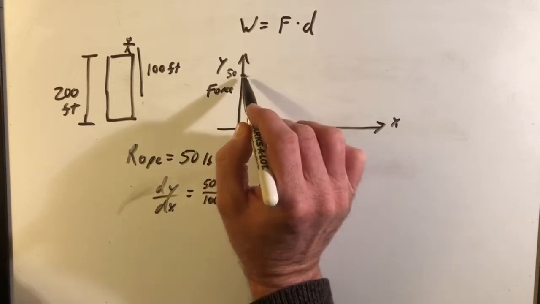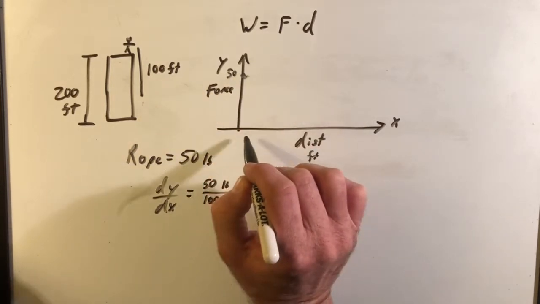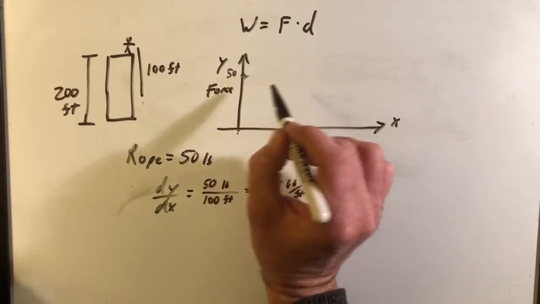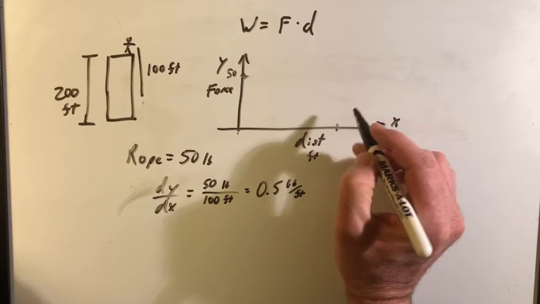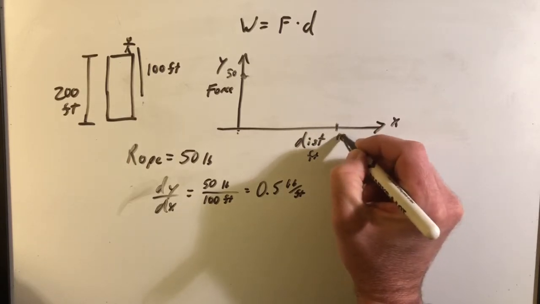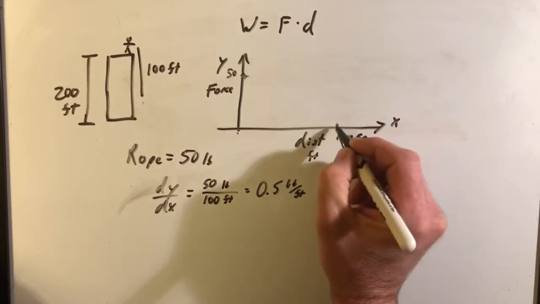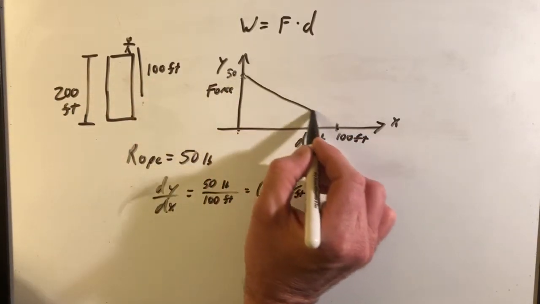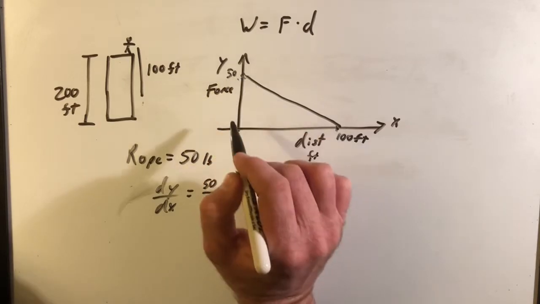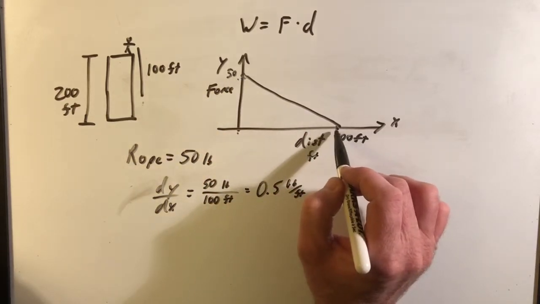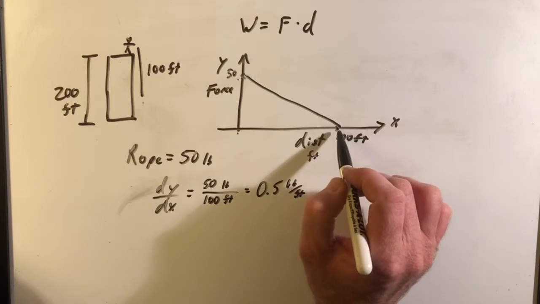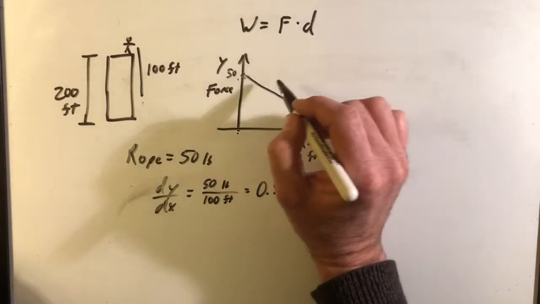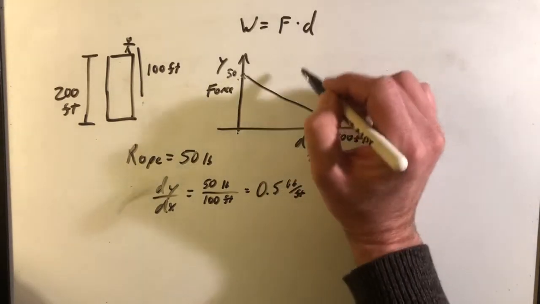So at 0 distance, I've got 50 pounds of rope. And at 100 feet, I've got 0 pounds of rope left. So I have a nice straight line from 50 pounds to 0 pounds at 100 feet, the length of the rope.